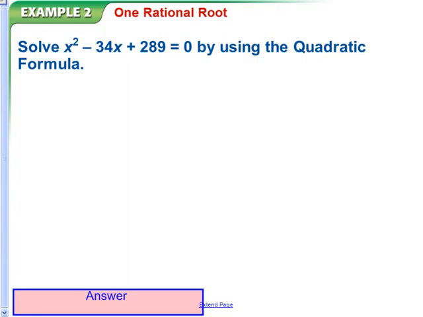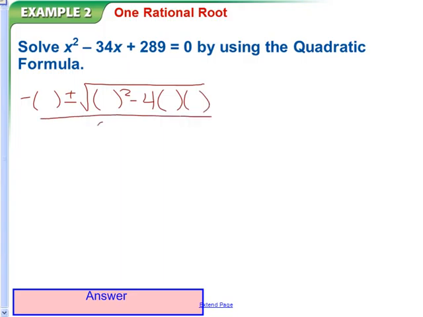Okay, so then the next problem, it says it has one rational root. So let's fill in our quadratic formula again. This time our b value is negative 34.